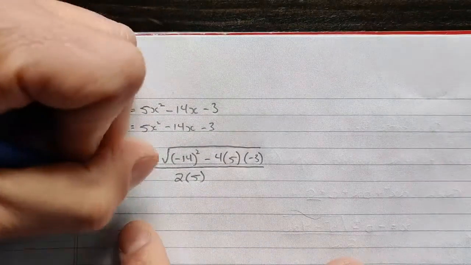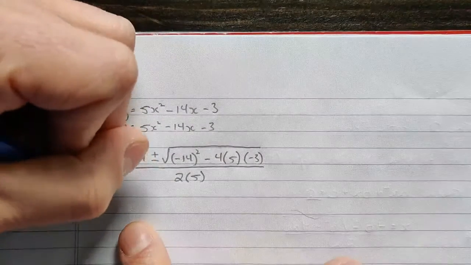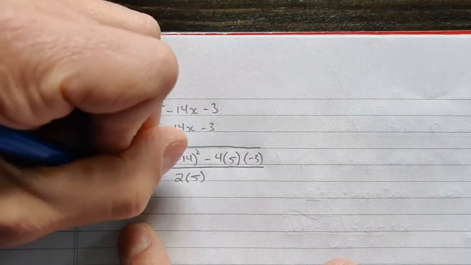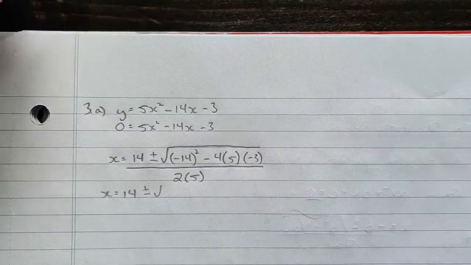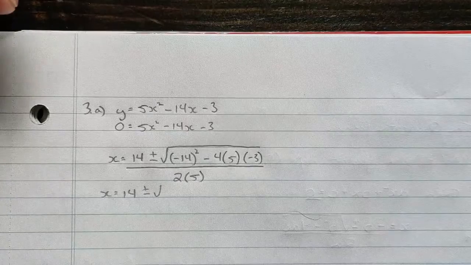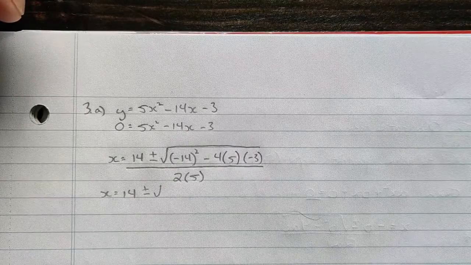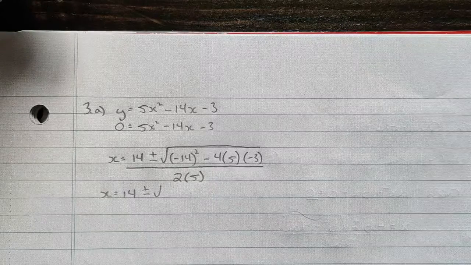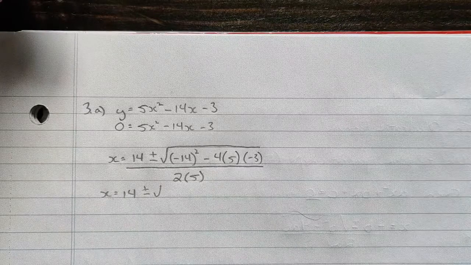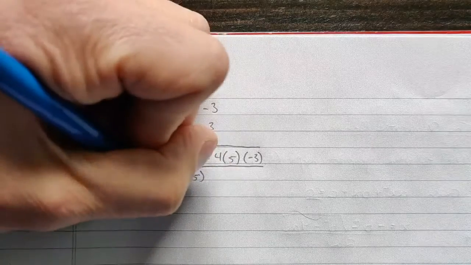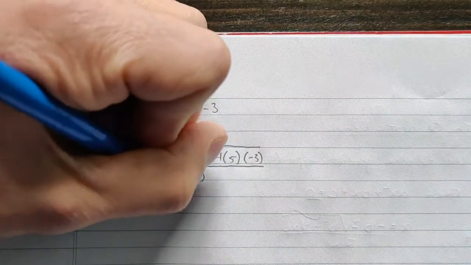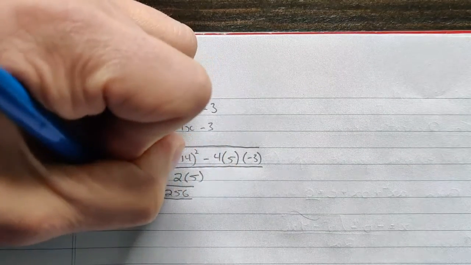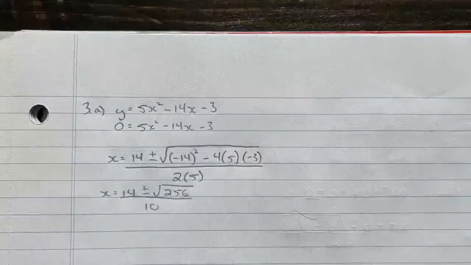So we can simplify this down now. 14 plus or minus, and in that root I'm just going to do it all in one quick calculation. Negative 14 squared minus 4 times 5 times negative 3 gets me the square root of 256, over 10.